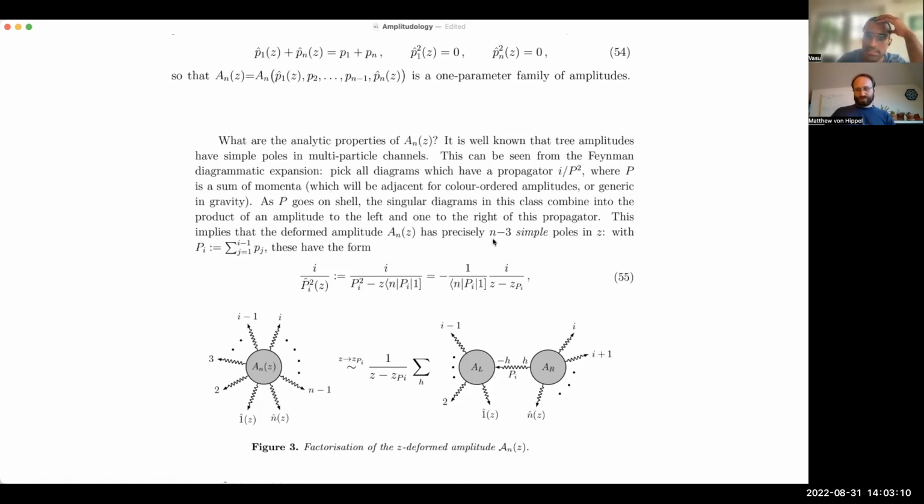A_n(z) has precisely n-3 simple poles in z.